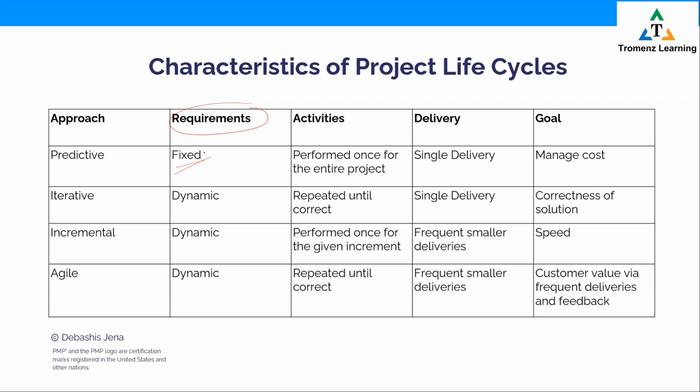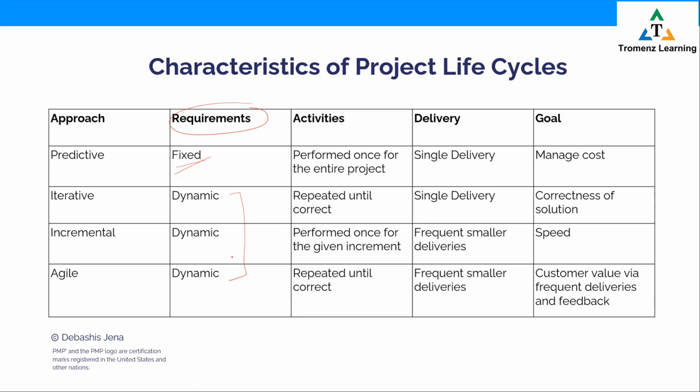No change. If a change is needed, then replanning, formal change control, all that would apply. But in all others, take a look, the requirement is dynamic. Requirements can change in all these life cycles. But the extent of change can be compared. Agile changes big time, but in iterative incremental also some amount of change can happen.